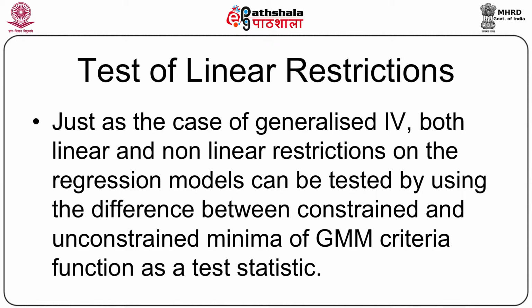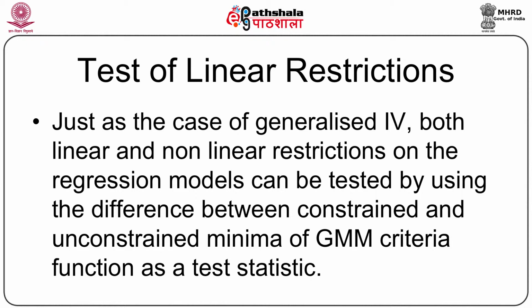As in this case also, you can take both linear as well as nonlinear restrictions on the regression model, and you can use the difference between the constrained and unconstrained minimum of the GMM criteria function as a test statistic.